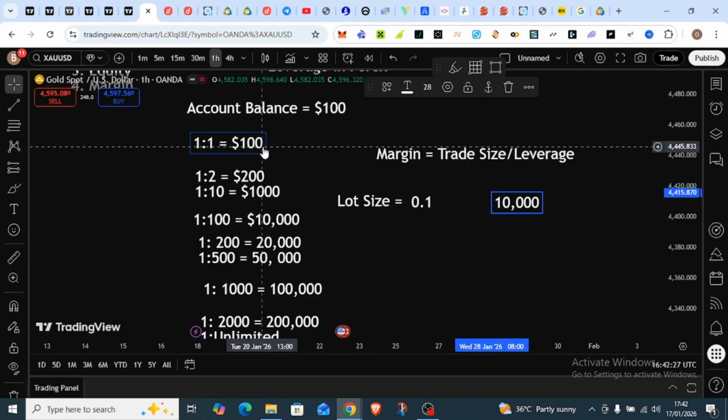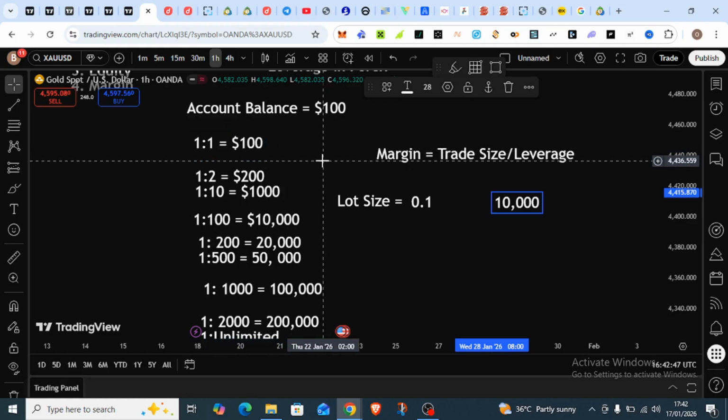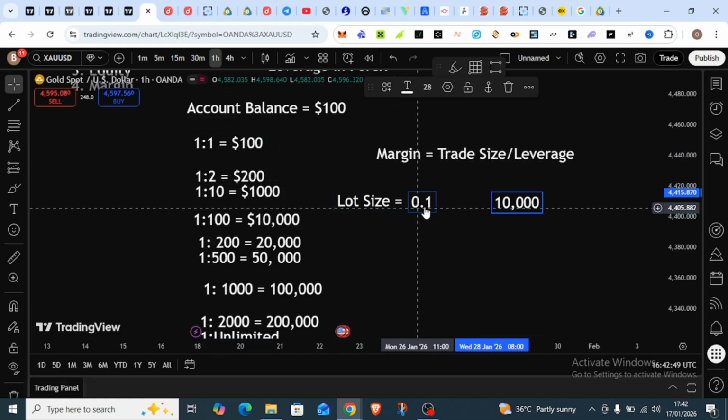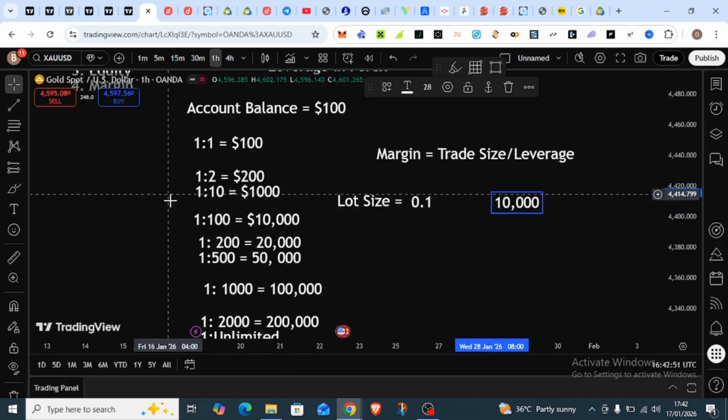So you can see that our account here is $100, and the total units it can buy is 100 units. So we can't place this trade with a leverage of 1:1 using a lot size of 0.1.